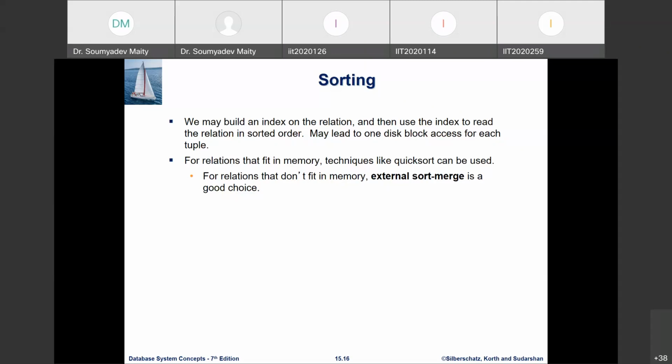However, if the file containing the relation is not that big and can be kept inside the main memory, then you can apply any sorting technique that you have learned in your data structures and algorithms course, sort in memory, and then write back the result to the disk. But if the file is so big that it cannot be accommodated in the main memory at the same time, then you have to use the external sort merge algorithm.